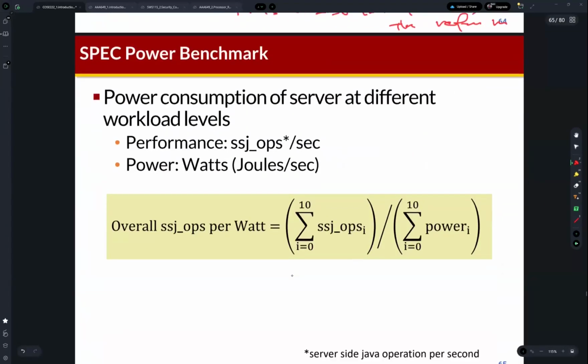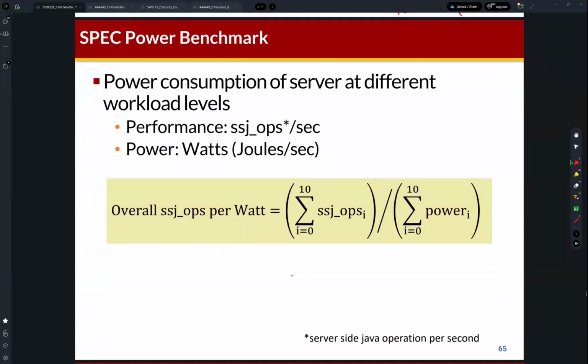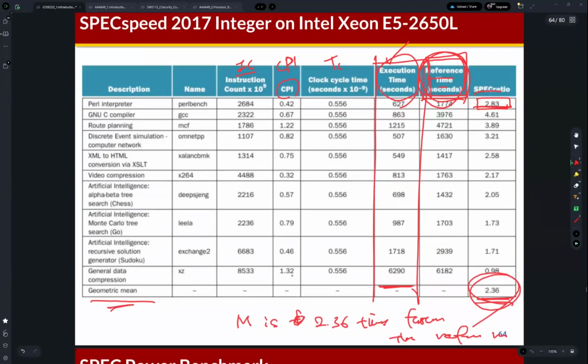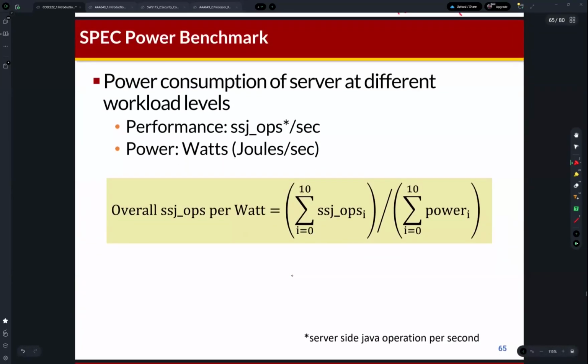So another benchmark is the SPEC Power benchmark. The SPEC benchmark measures the performance of a CPU, but we can also measure the power consumption of a CPU. This is the equation of the SPEC Power benchmark.